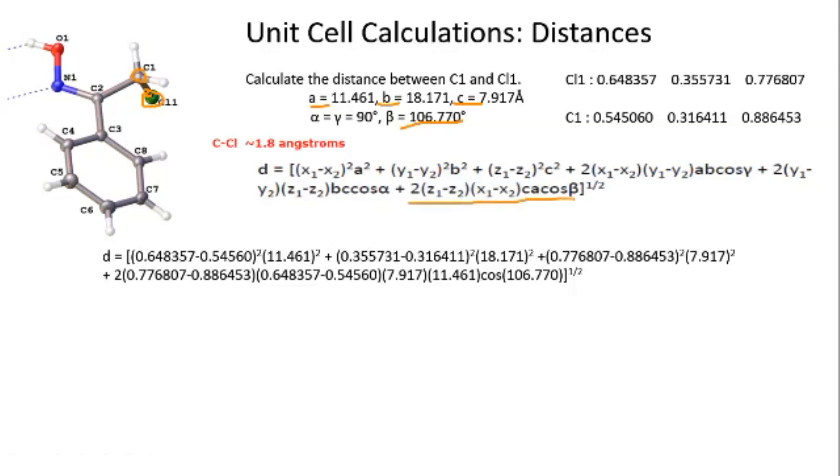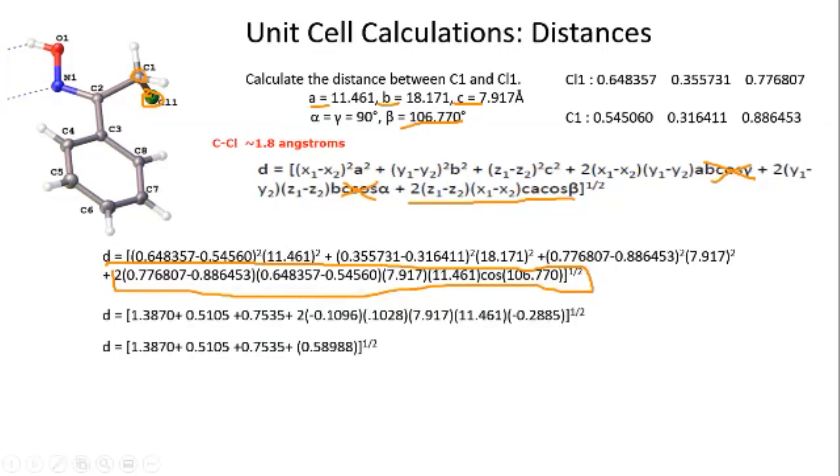So this component here is what we see right here. Because the other ones, the cosine gamma and cosine alpha components, cancel out because those angles are both 90. Now we just simplify the equation.